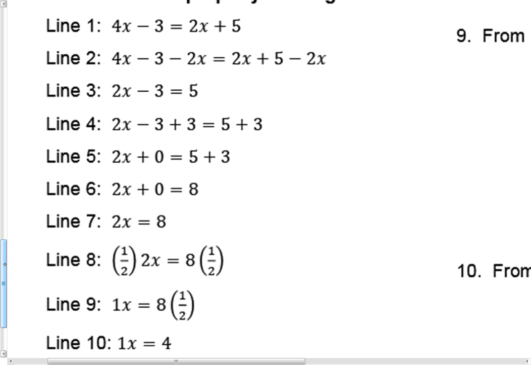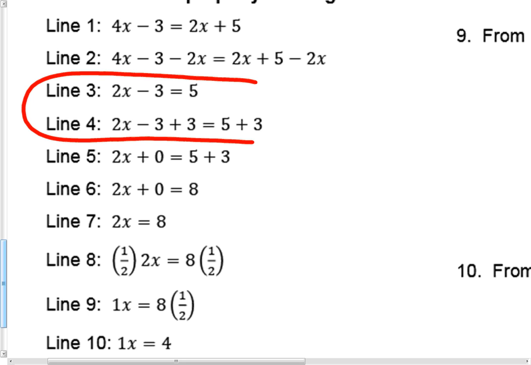Question number 9 wants lines 3 to 4. Circle the difference. What is being changed or what is being put into here that wasn't there before from line 3 to line 4? The plus 3. Circle that. That's the only thing that's different.